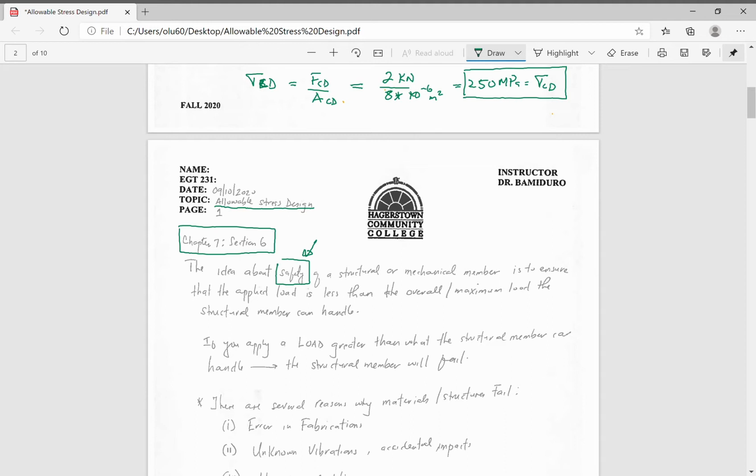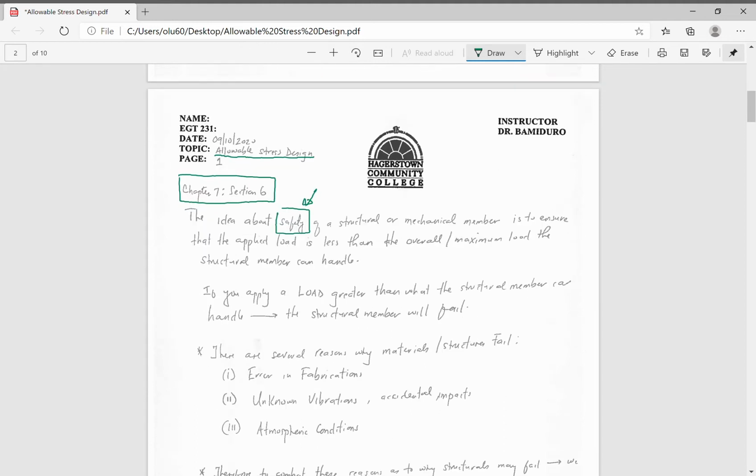That means you have to apply a load that is way less than the load that will cause it to fail. It's very important that if the load you apply is greater than what you designed that structural member to carry or handle, that member is going to fail.